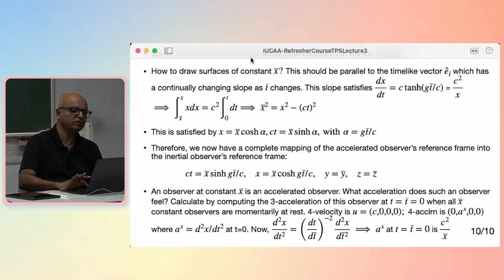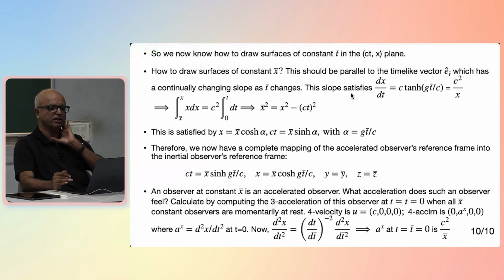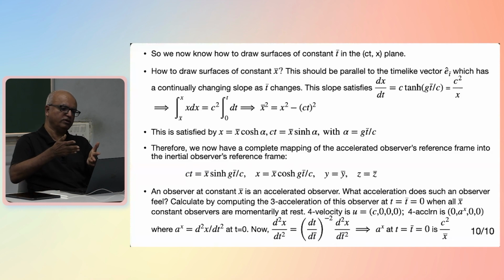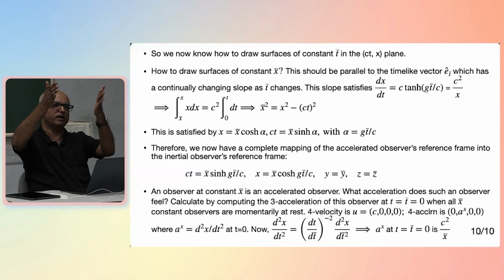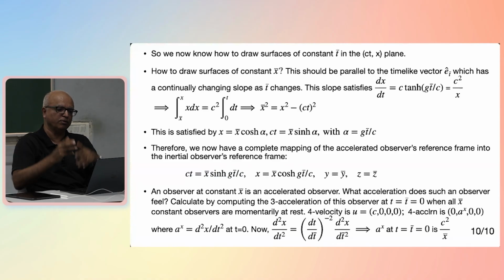So, we know how to draw surfaces of constant t bar in the c t x plane. How to draw surfaces of constant x bar? This should be parallel to the time-like vector E t bar. So, what do I want? Surfaces which are constant x bar. So, they should be parallel to the time direction, which in this case is t bar.